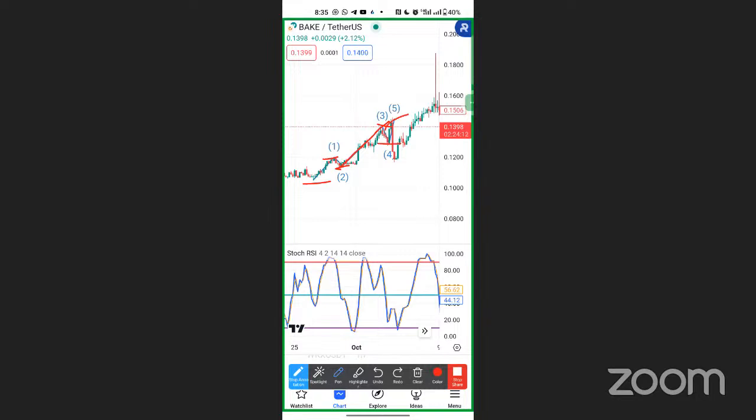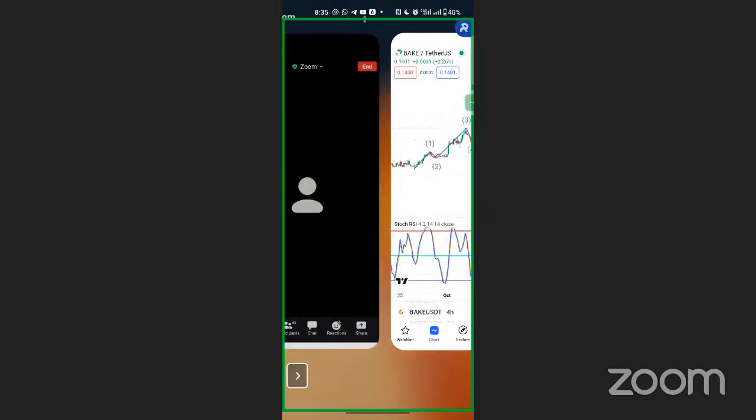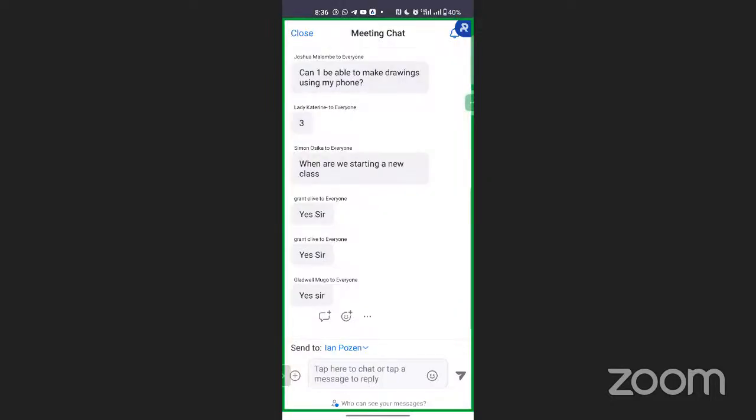Can you see the continuation of support and resistance? It's what I'm trying to use to draw. Although it's not so perfect, I'm trying to give you an example. Have you seen how we are going to use support and resistance? It's not yet where we want to be, but I'm still trying to show you what we are going to do.